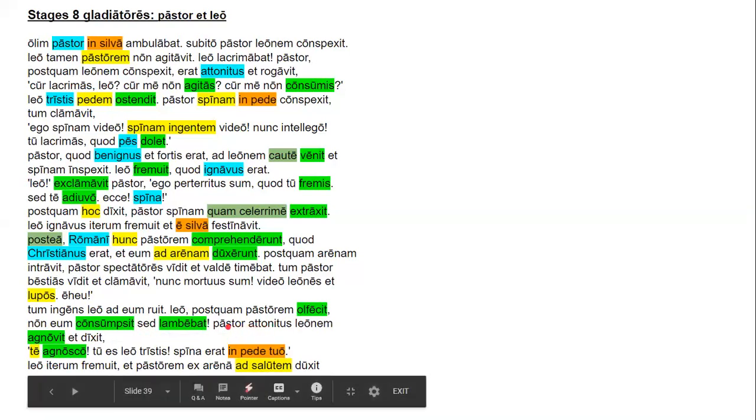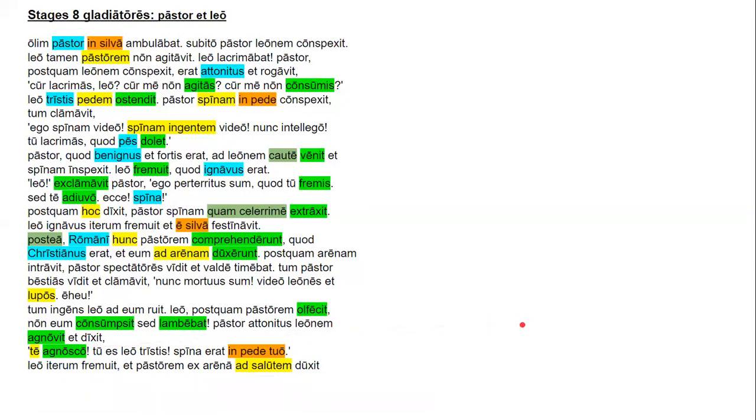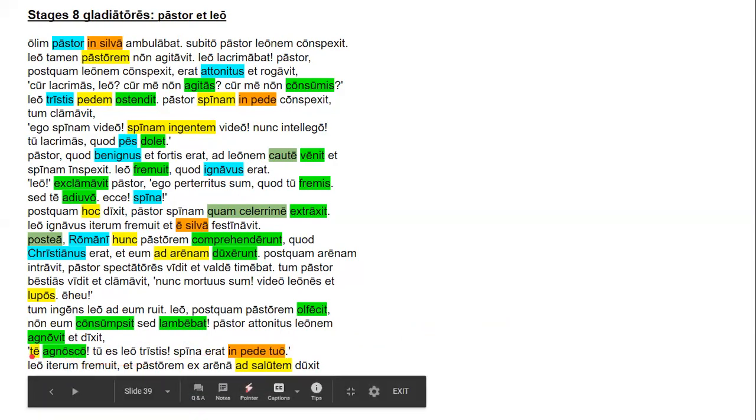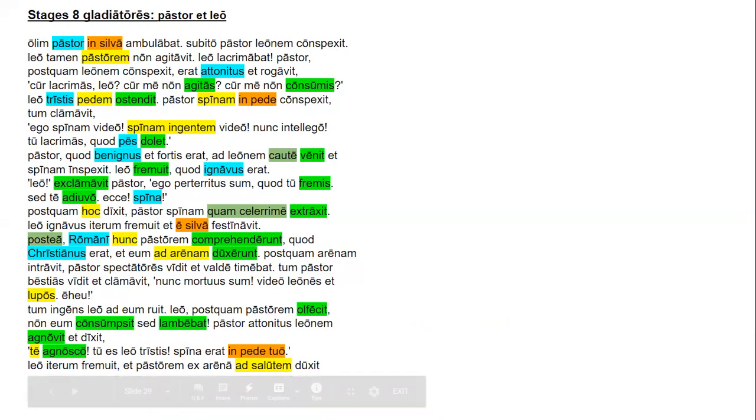So let's put it all together. The astonished shepherd recognized the lion and said, okay, here's our last little bit, te agnosco, tu es leo tristis, spina erat in pede tuo. So te, remember that's an accusative form of tu, so you. Agnosco is the first person present form of the verb, and agnosco means to recognize, right?